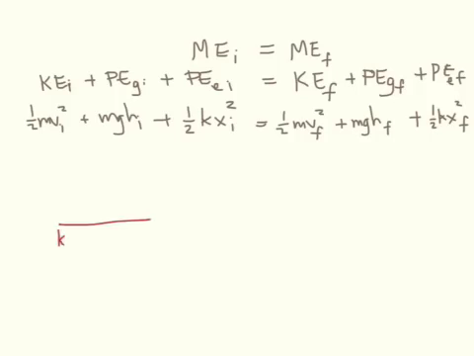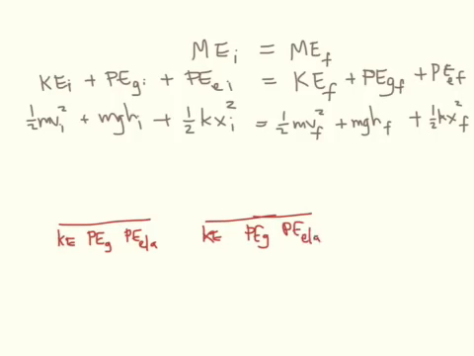You have kinetic energy, you have PE gravitational, PE elastic, and then there's a final moment where we could graph how much of the things we have, like KE and PEG, PE elastic.